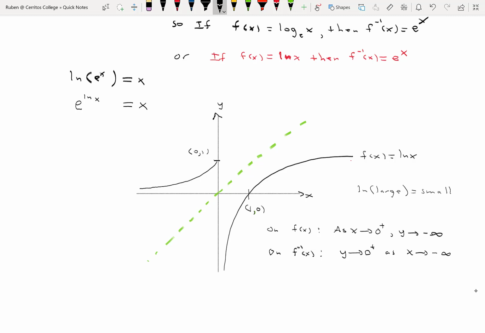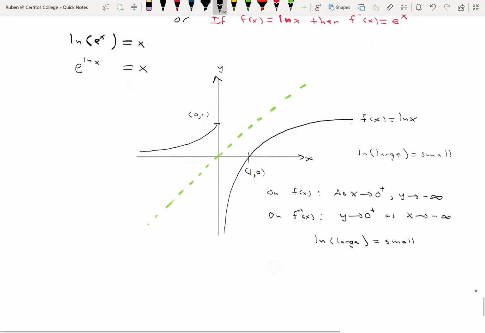Similarly, as x approaches infinity on the logarithm function, the y values approach infinity. Now remember, though, that the logarithm grows very, very slowly. So here's that statement again: the ln of large numbers is relatively small.